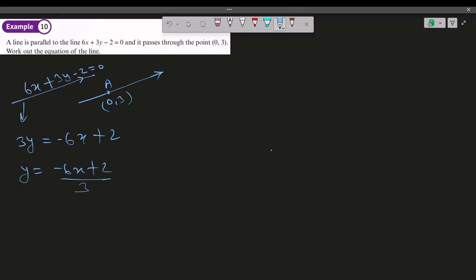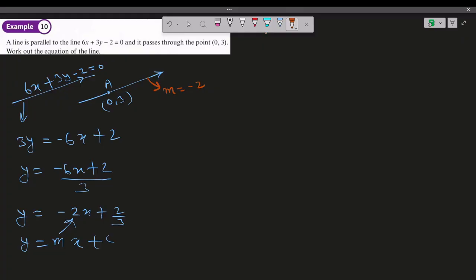And then you can separate it, so it will be nothing but y equals minus 2x plus 2 by 3. Now you can see this line is in the y equals mx plus c form. So what is your gradient, by the way? Minus 2. Since the gradient is minus 2, this line's gradient will also be m equals minus 2. Why? Because these two lines are parallel.